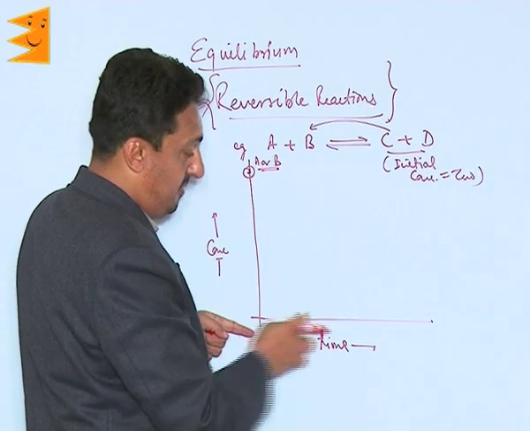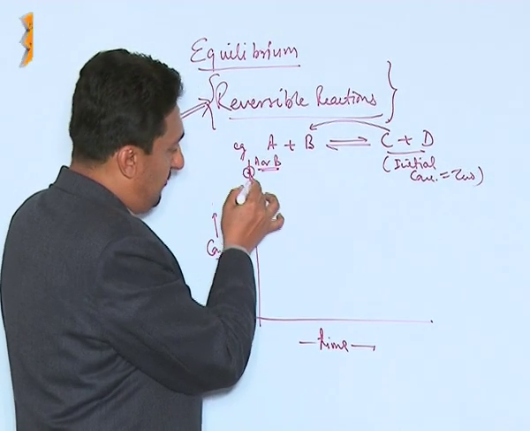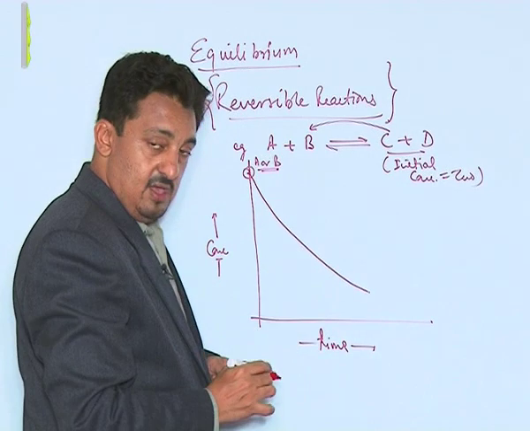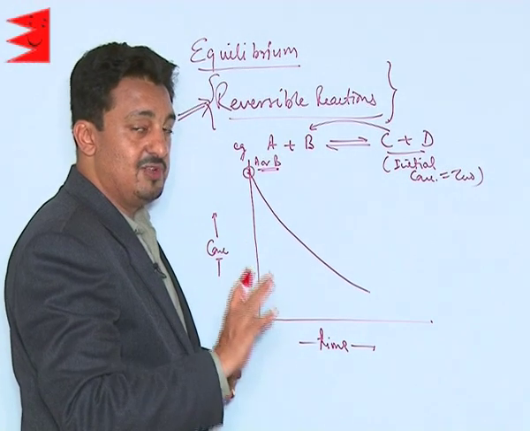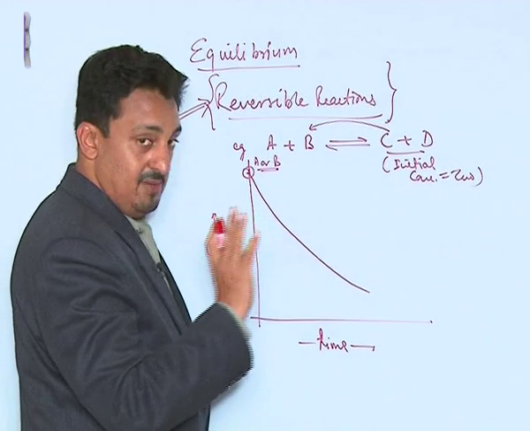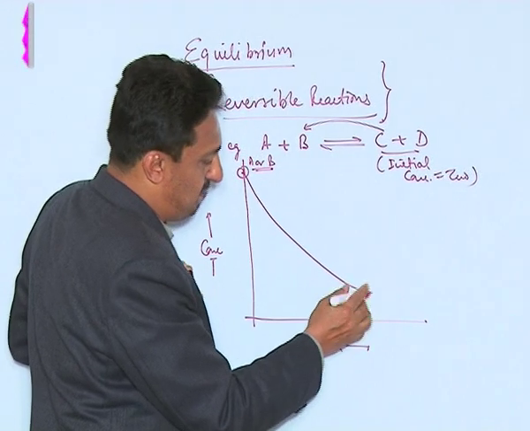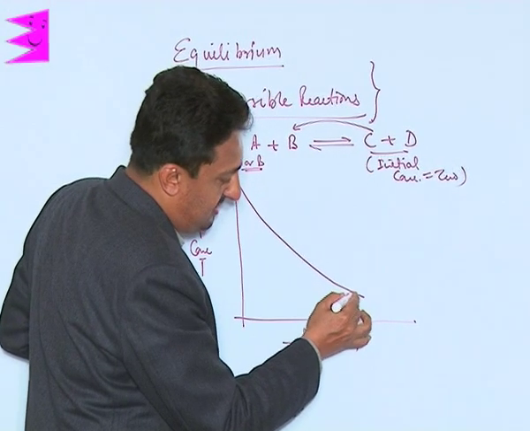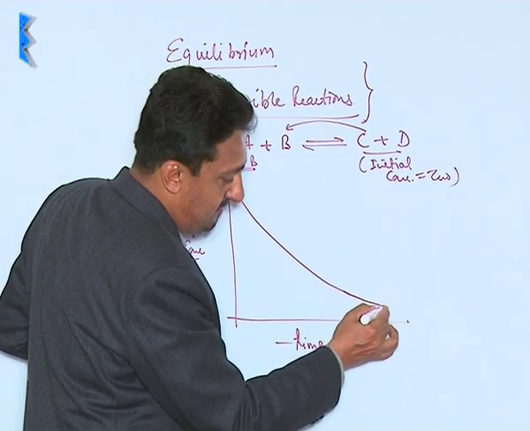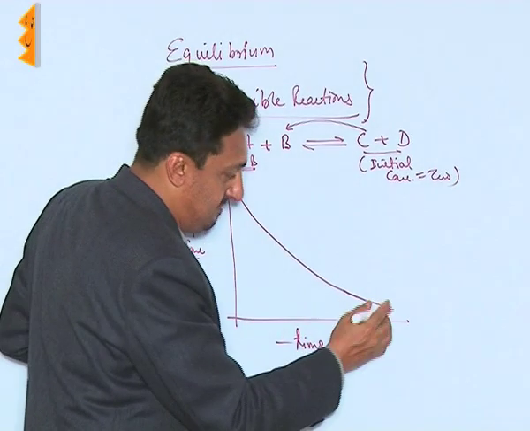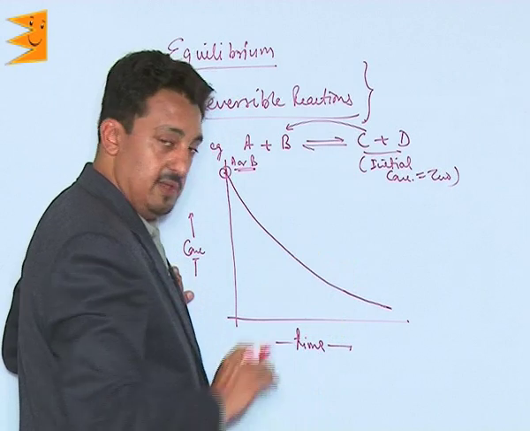As time proceeds, the concentration of A and B will keep on decreasing. Now here, most students make a mistake. Remember, this is very important. If this graph, which follows a curved path, keeps on decreasing, it is fine. That means till that time, there is no equilibrium.